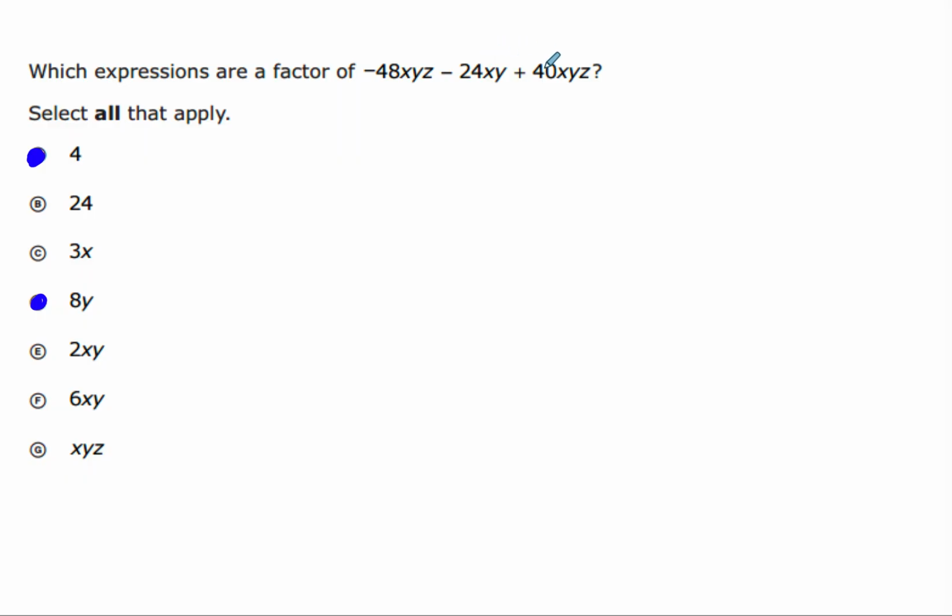Yes, all of these things can be divided by 2. xy, xy, xy, so that one works. 6xy. 6 goes into 48, goes into 24. 40 does not divide evenly by 6, so that one's not going to be a factor. xyz. This has an xyz, but this one only has an xy, so that's not going to be a factor. So A, D, and E are all answers for this one.